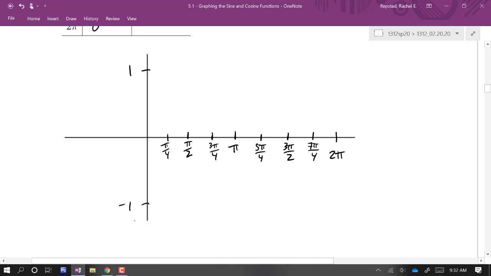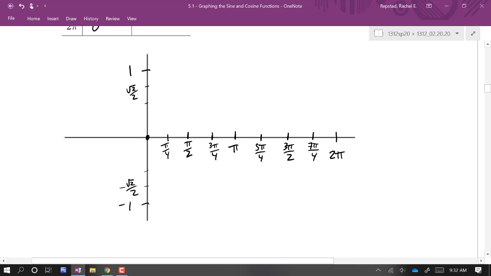All of our y-coordinates that we actually plotted were 0, 1, or √2/2, which we said was about 0.707, so that's about here, and -√2/2.